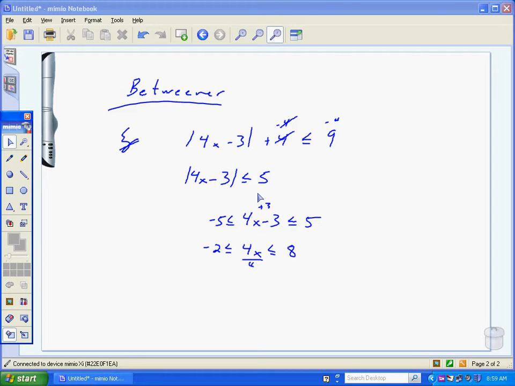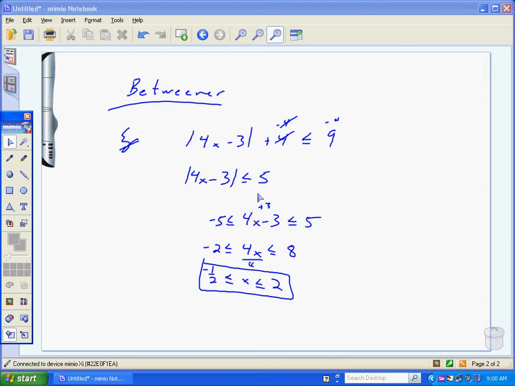So we get negative 1/2 less than or equal to x, which is less than or equal to 2, once I divide all that out. There's our solution. Any x value in between there is going to make that whole inequality true. We could graph that and see that, yeah, that's true. That's where it is.